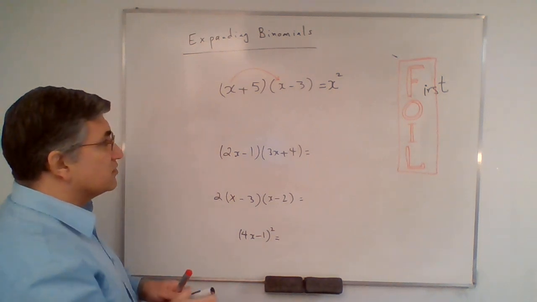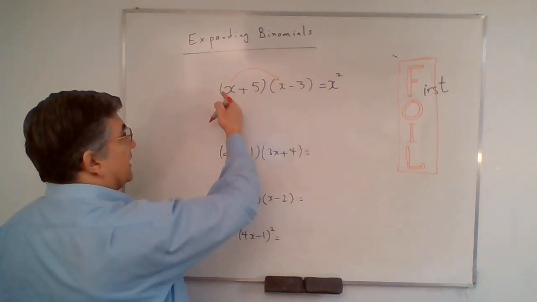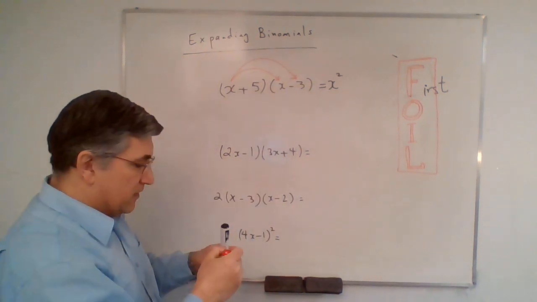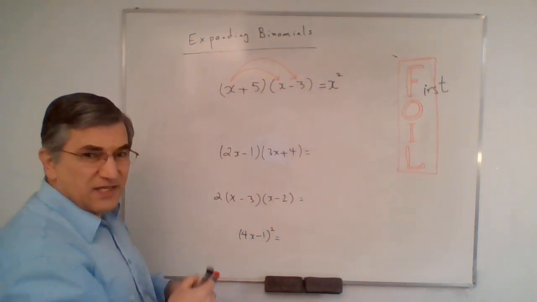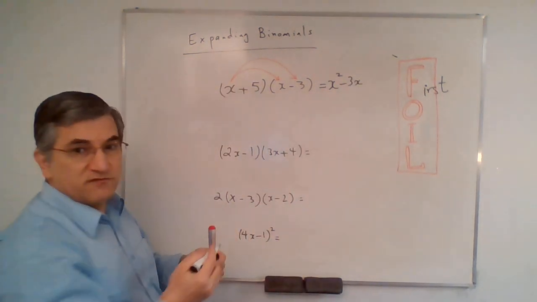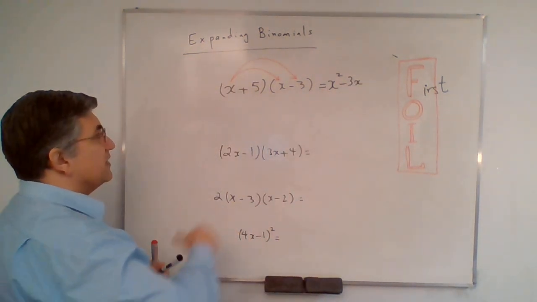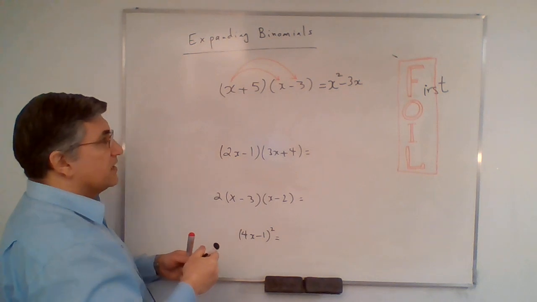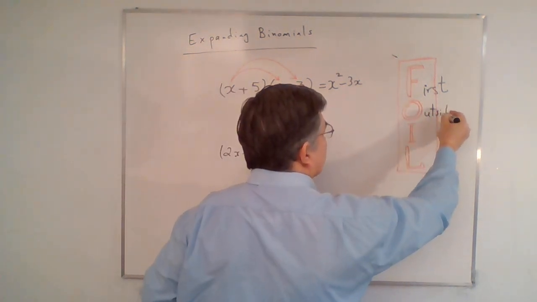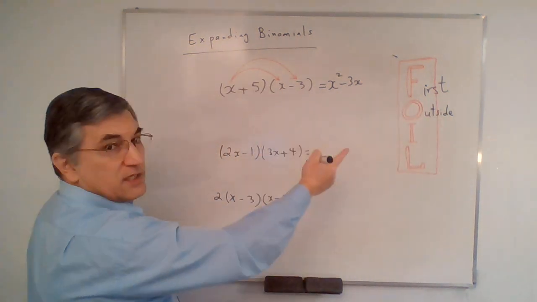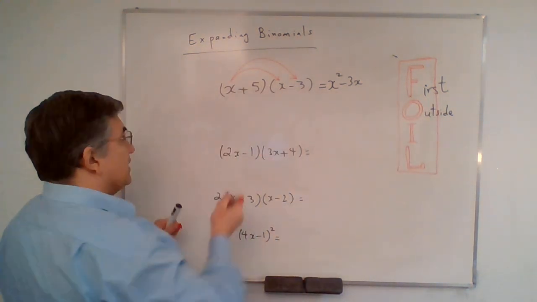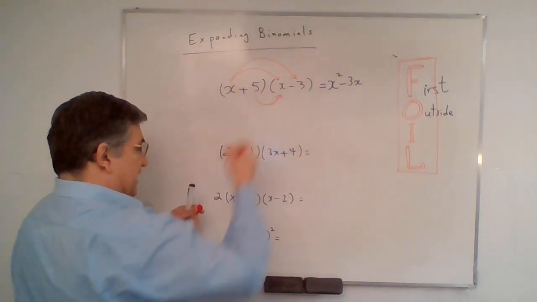And then we're going to multiply the outside terms. x and negative 3 are outside terms, as you see. So negative 3 times x would be negative 3x, just like distributive law we had in the past. And then we start multiplying the inside terms. So I multiply 5 by x.